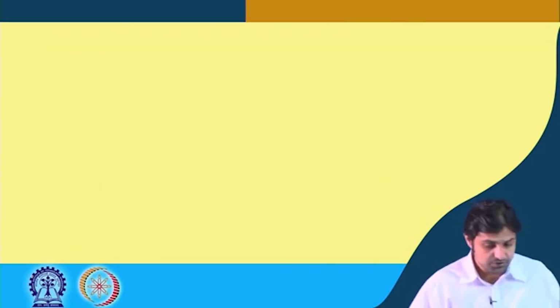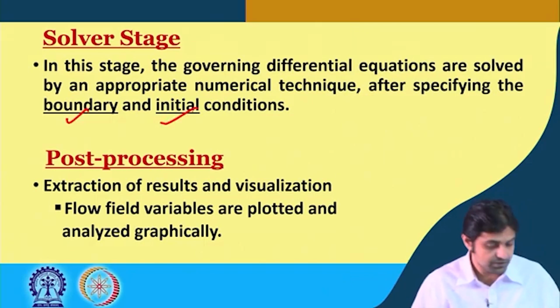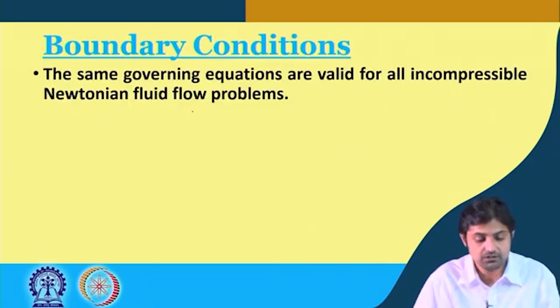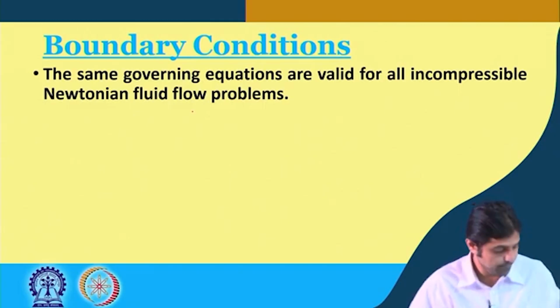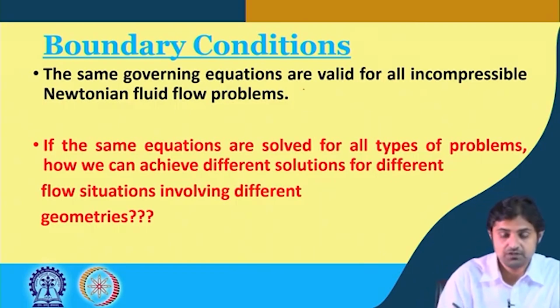So we mentioned boundary and initial conditions, and that is what we are going to discuss next. So boundary condition: the same governing equations are valid for all compressible Newtonian fluid flow problems, right? So if the same equations are solved for all types of problems, then how can we achieve different solutions for different flow situations involving different geometries? That is the question. Because which governing equations are we talking about?